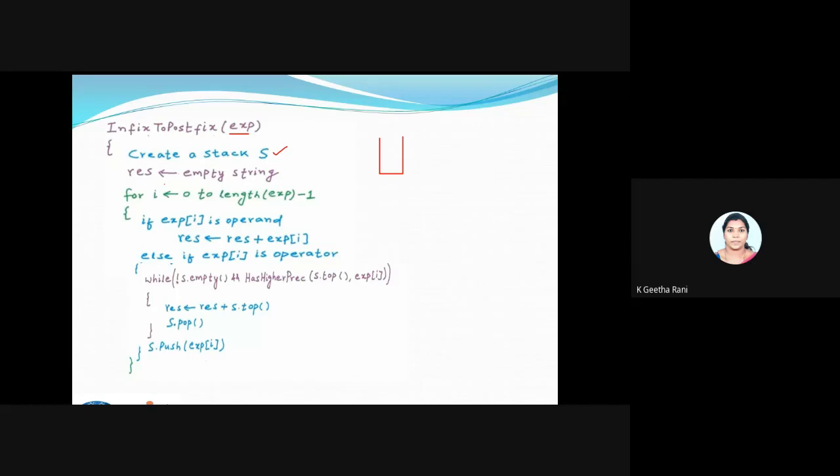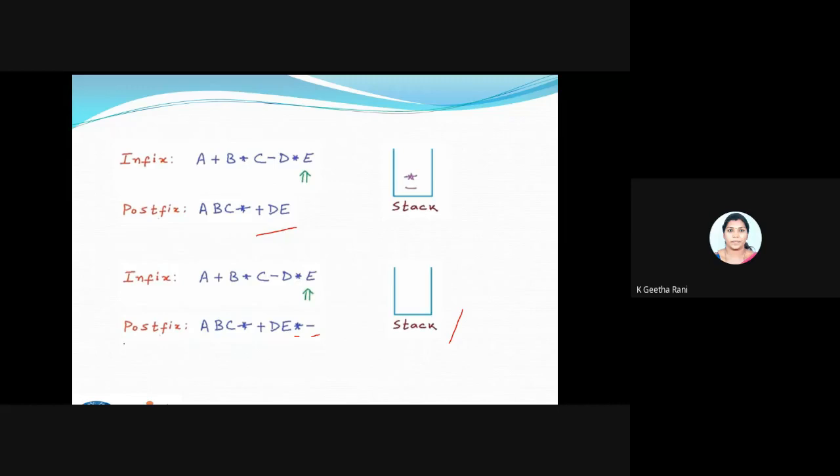Then I'm going to create a result with an empty string. In my example, this postfix was my result. So I'm creating a result, and that result will be an empty string.